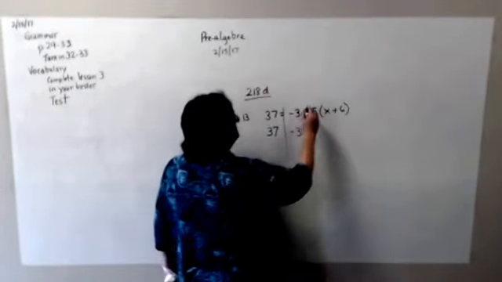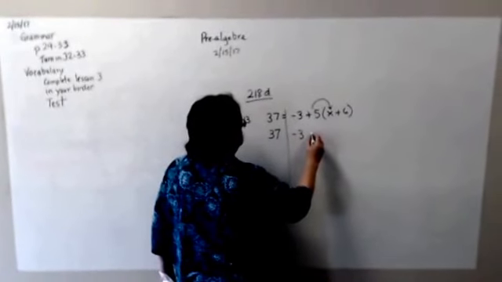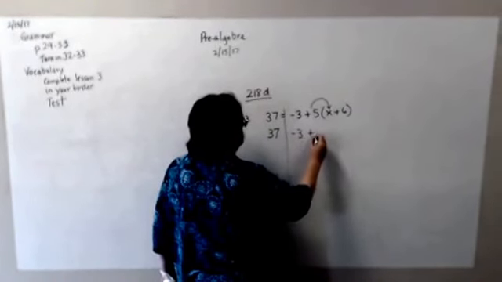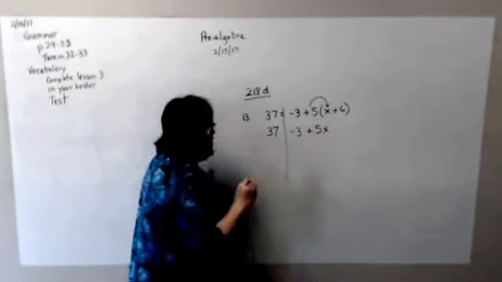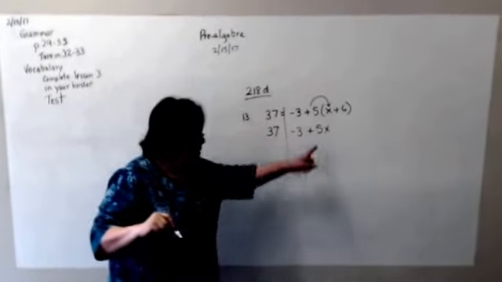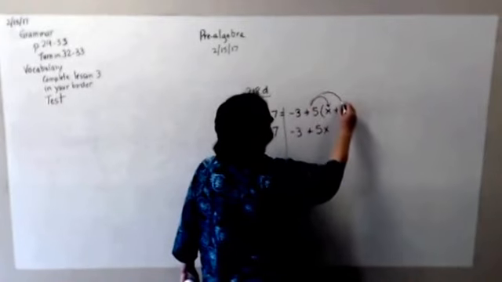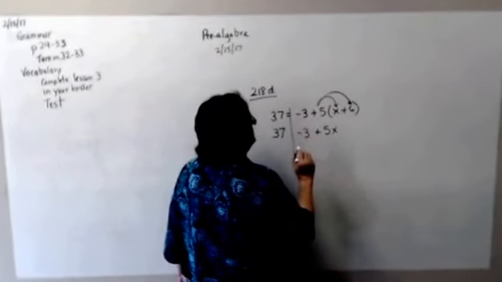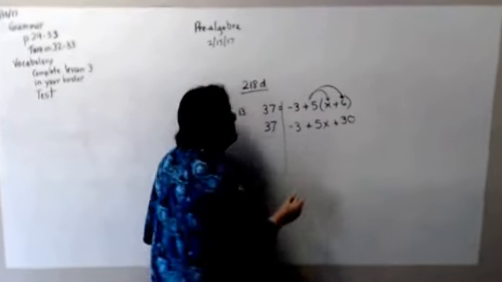Now, Kimberly, what is +5 times +x? +5x. 5 times x is 5x, because this means 5 times x. Now, what is +5 times +6, Kimberly? Positive 30. Very good, +30.